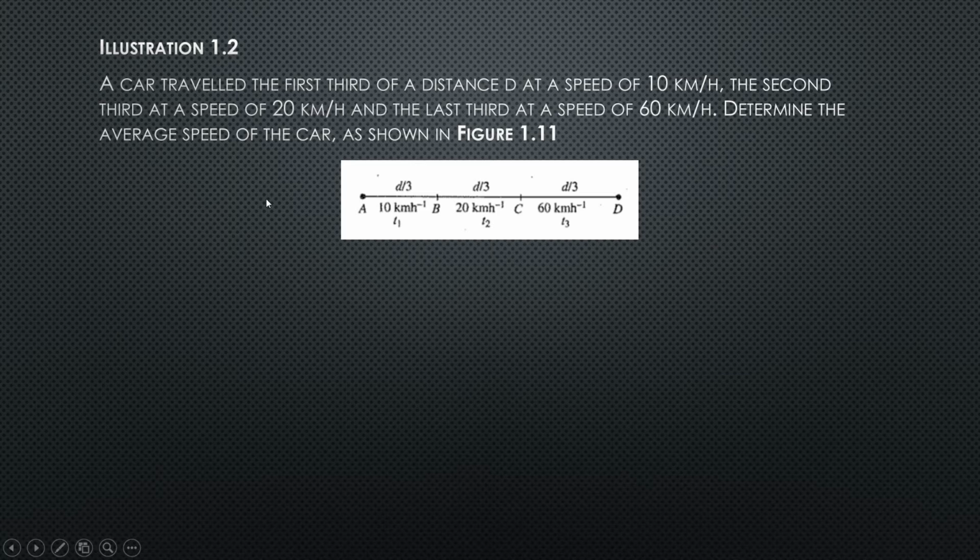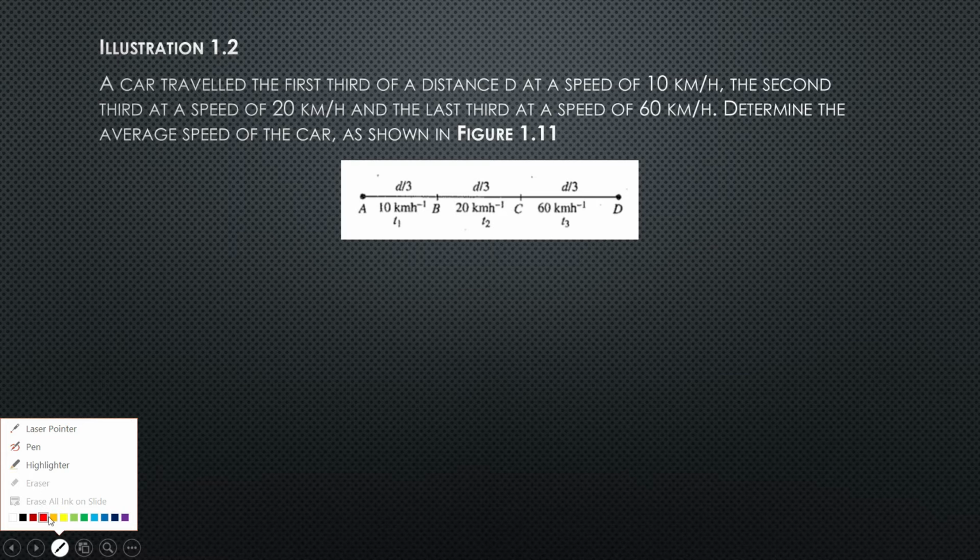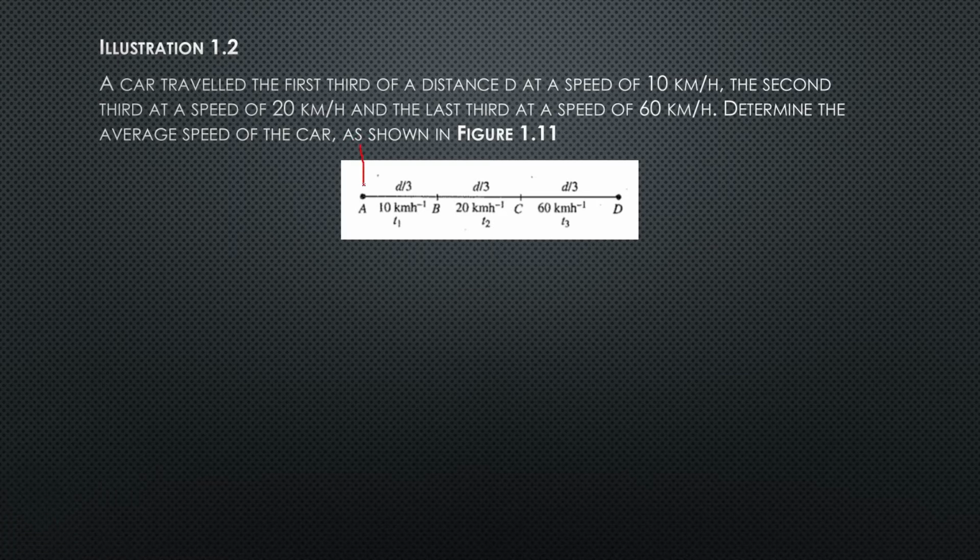So how are we going to approach this one? The total distance from point A to point D has a total distance of D. The first third of the distance D is D all over 3.